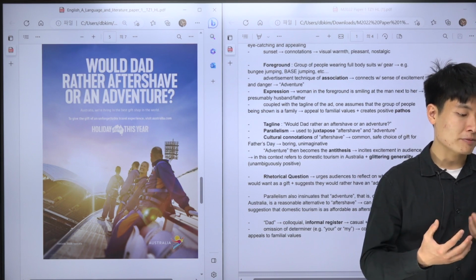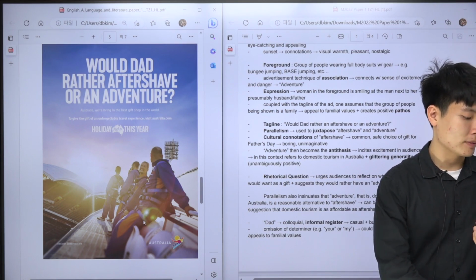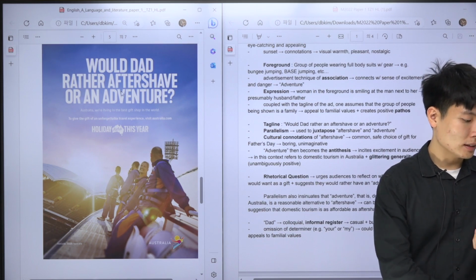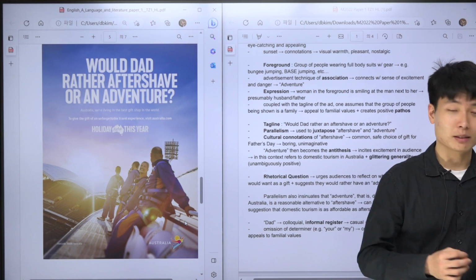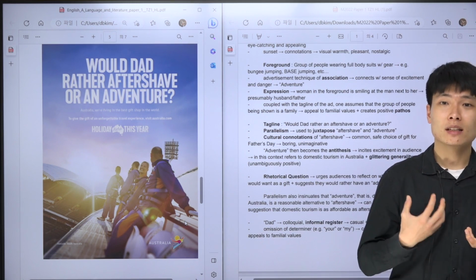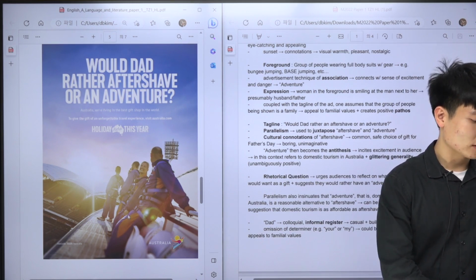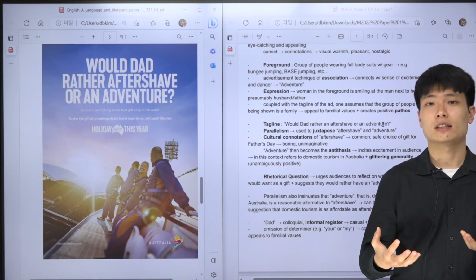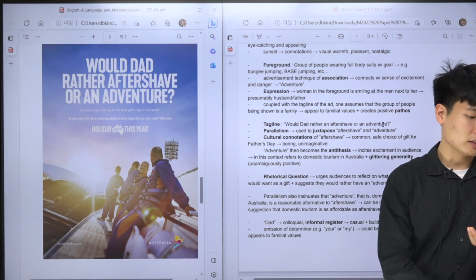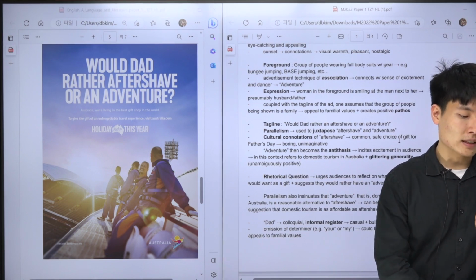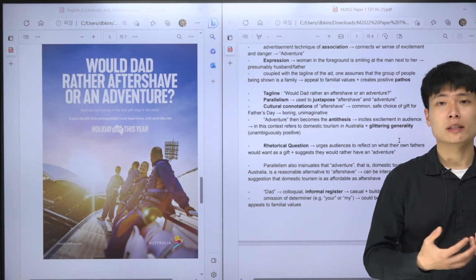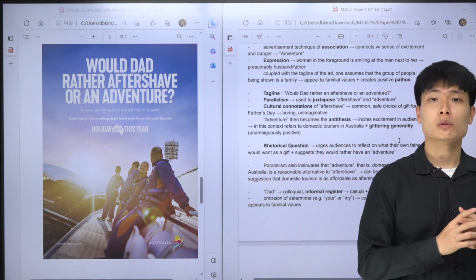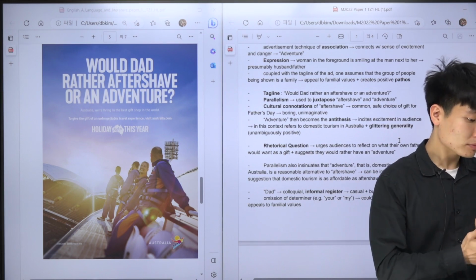And the fact that we are seeing a family ready to have an adventure and, for all intents and purposes, looking quite excited and eager to do this activity, well, we could say that this creates positive associations. It is making us feel something good, and that again is persuading viewers of this advertisement to maybe look into domestic tourism, especially if you're Australian.